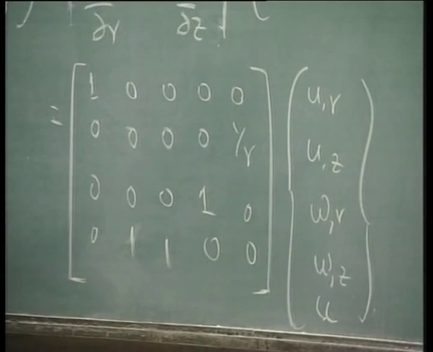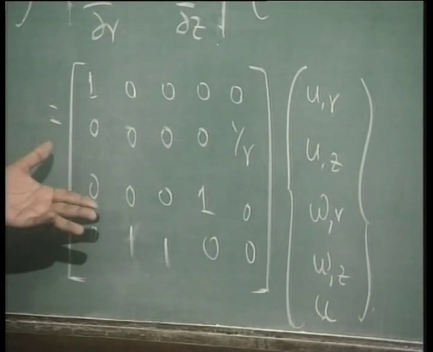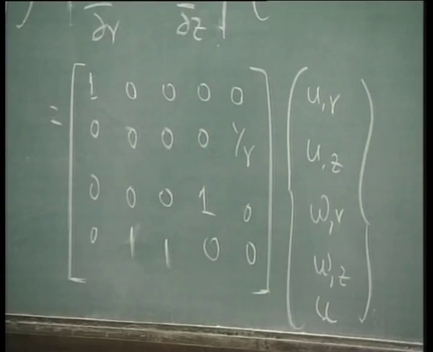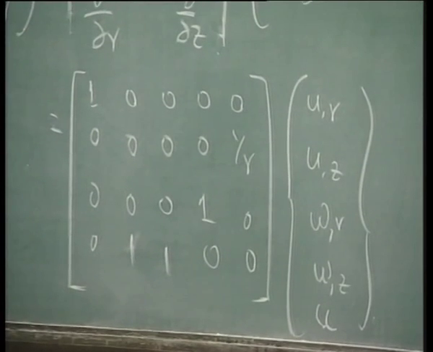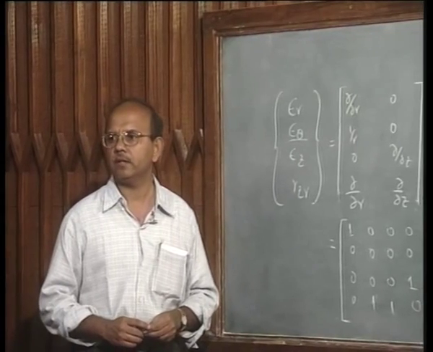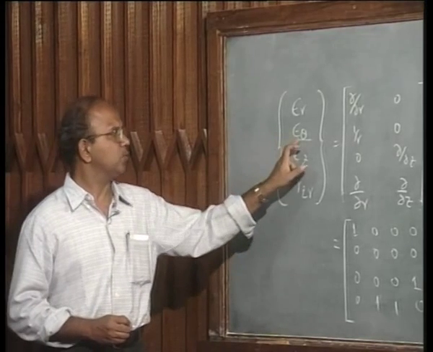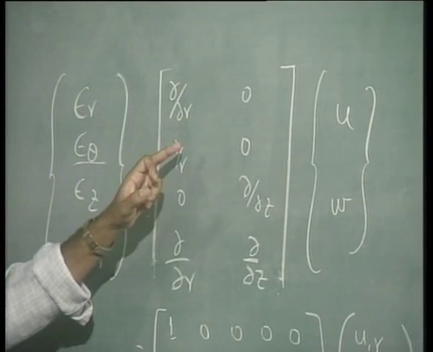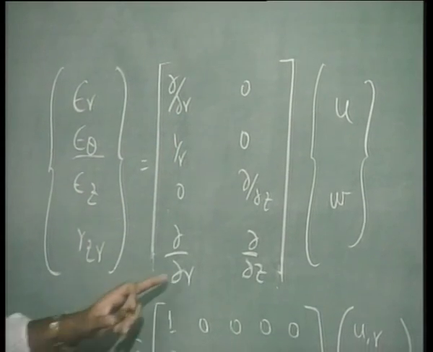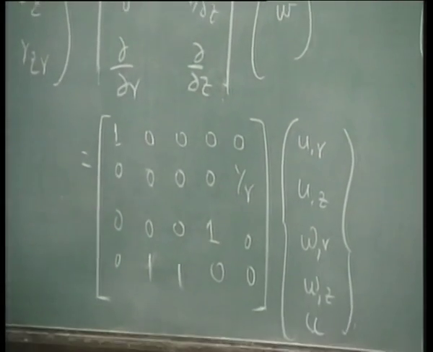In the earlier version of this matrix, how many rows and columns did we have? 4 by 4, right? Now, because of epsilon theta, which has a 1 by r in it, there is a small change in this matrix for the axisymmetric element.